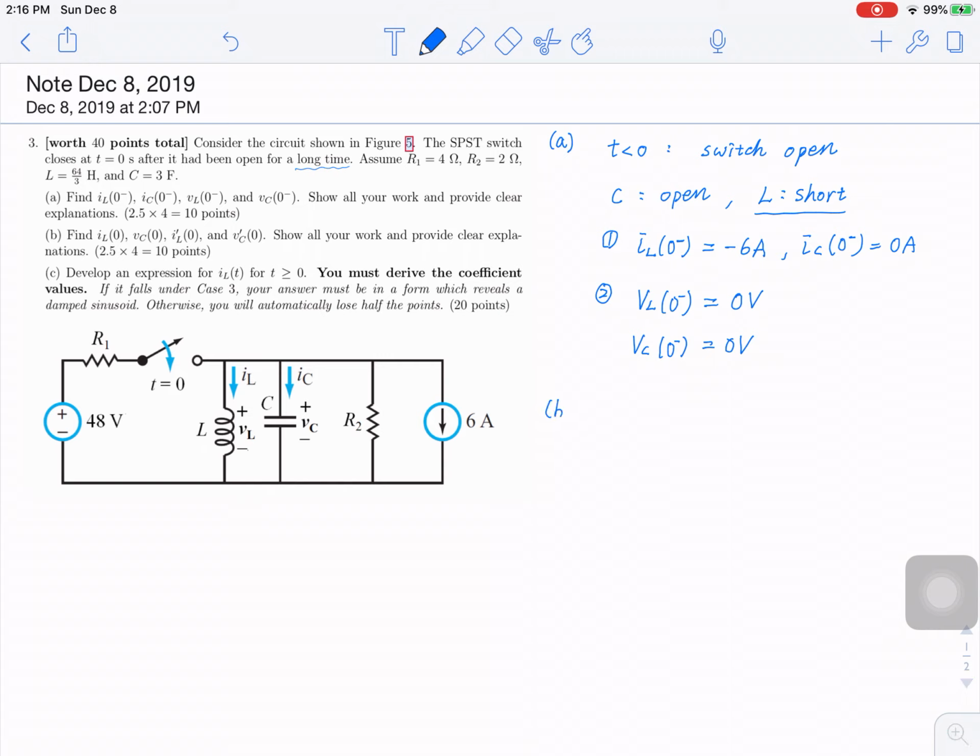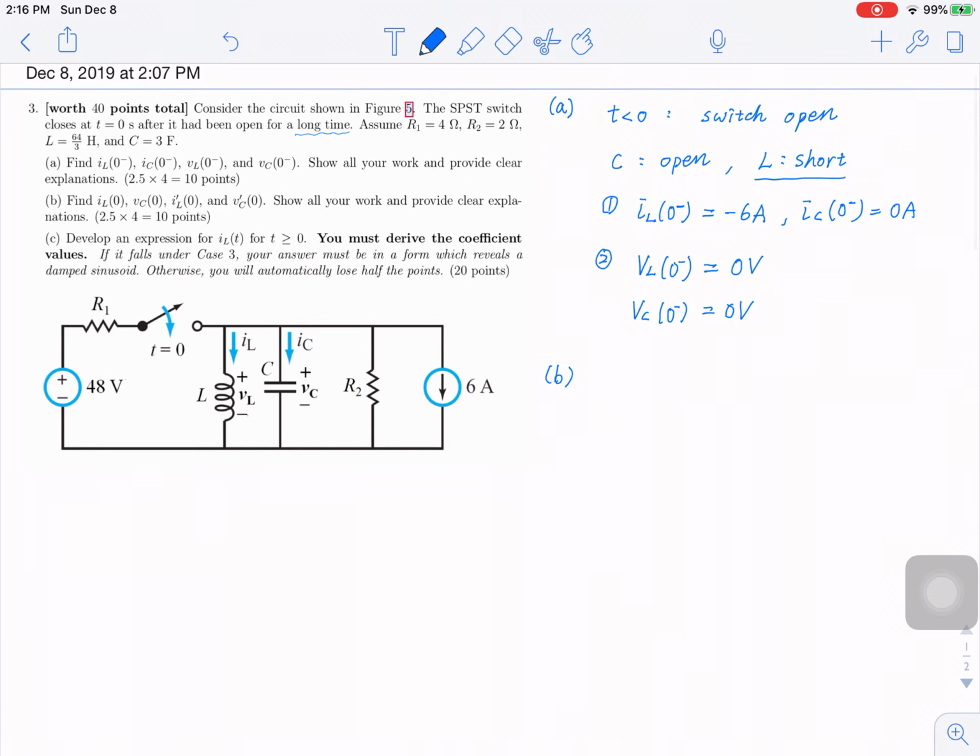The second problem: we want to find IL at time equals 0, VC at time equals 0, and the time derivative of IL and VC.